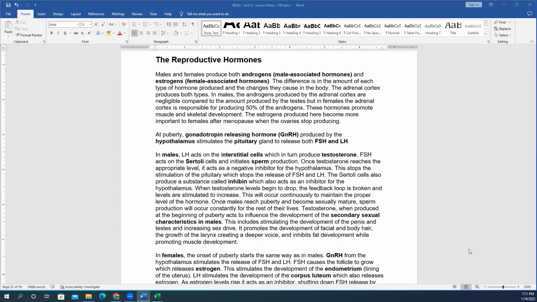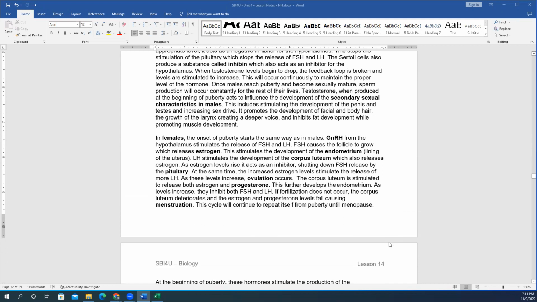In the females, puberty pretty much starts the same way as in the males, where you have the gonadotropin-releasing hormone from the hypothalamus stimulating the release of follicle-stimulating hormone and luteinizing hormone.